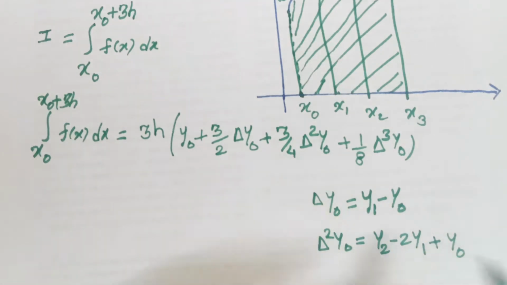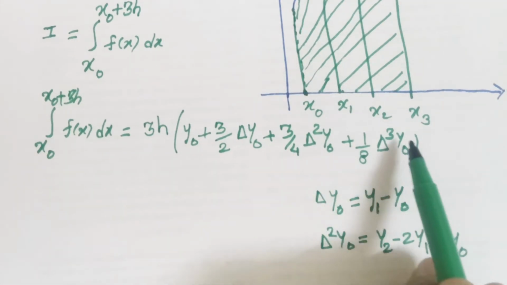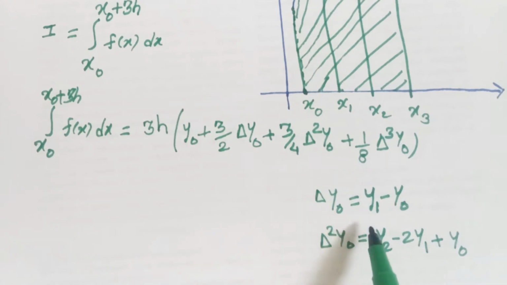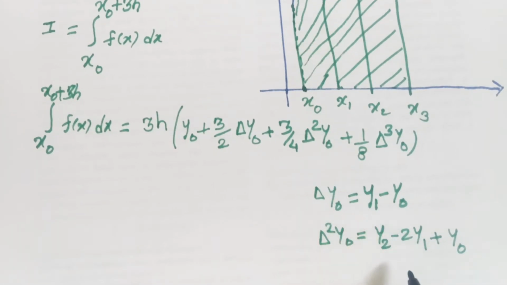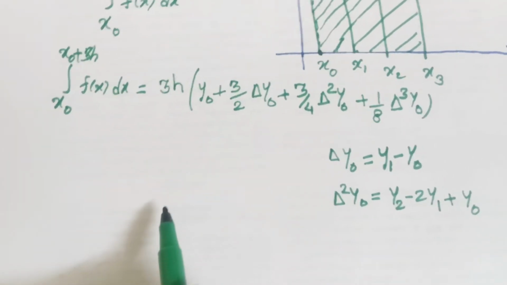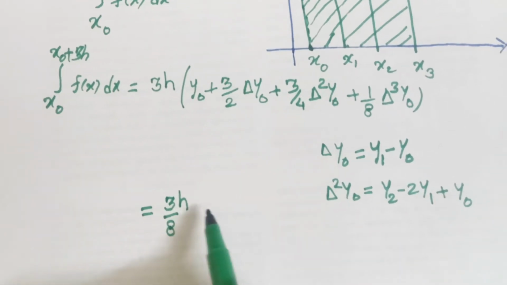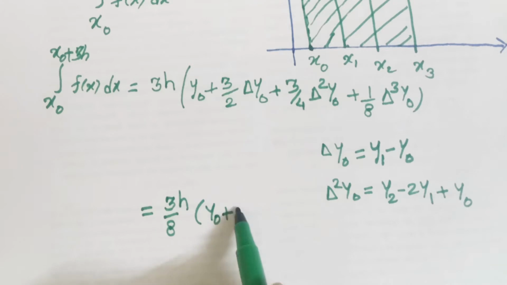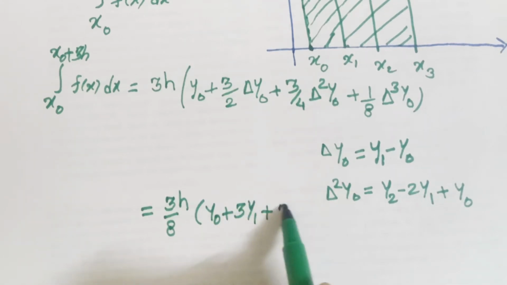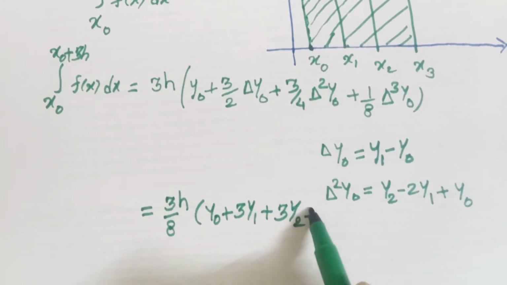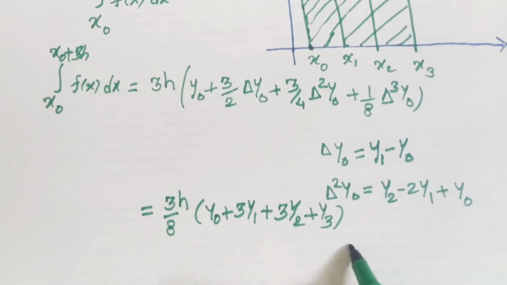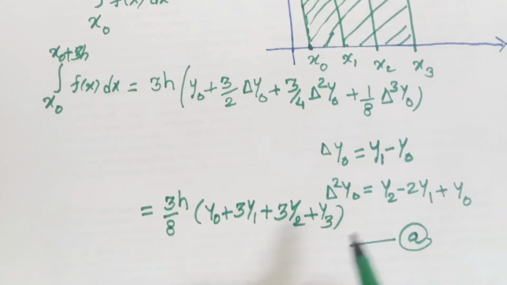Now put these values in this equation and simplify, putting all the values in terms of y0 to y3 without delta. After simplifying, we get 3h by 8 times y0 plus 3 times y1 plus 3 times y2 plus y3. This is equation number A.